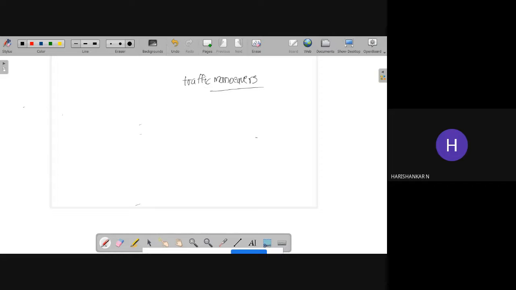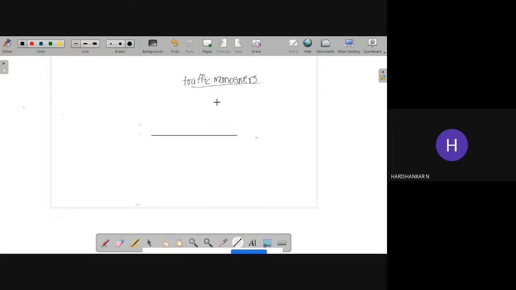Traffic maneuvers. If you are driving a vehicle, then you may be performing all these traffic maneuvers. So I will draw them, then you will get a clear understanding.